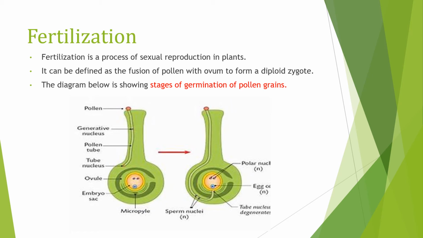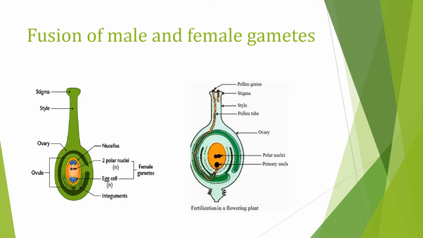Fertilization is the process of fusion of the male gamete with the female gamete. During this process, the pollen tube discharges the male cell into the embryo sac. Here in the figure you can see that the fusion of the male and the female gamete is taking place.